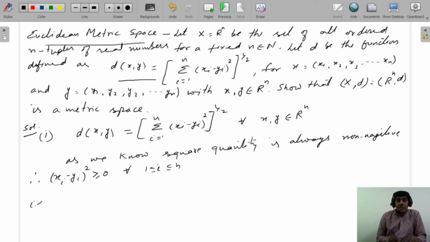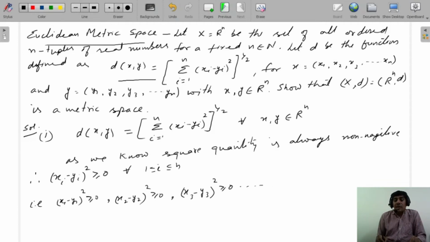That is, (x1 − y1)² ≥ 0, (x2 − y2)² ≥ 0, (x3 − y3)² ≥ 0, and so on, (xn − yn)² ≥ 0.